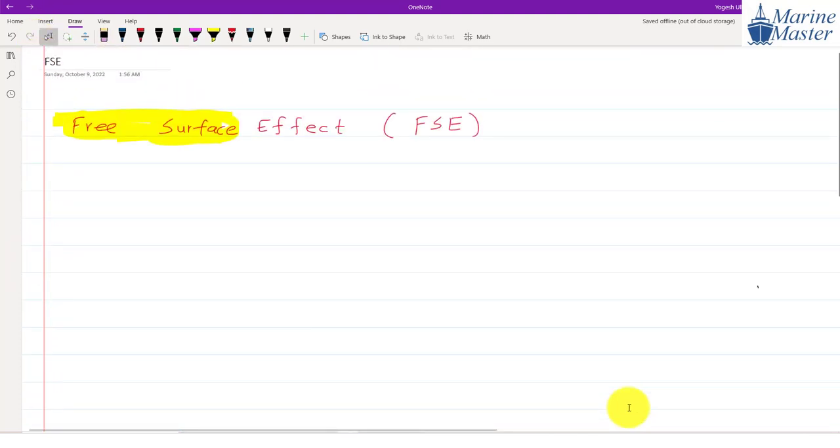Now try to see the scenario, guys. Don't write anything yet. You have given the heading, na, everyone? Free surface effect, FSC.